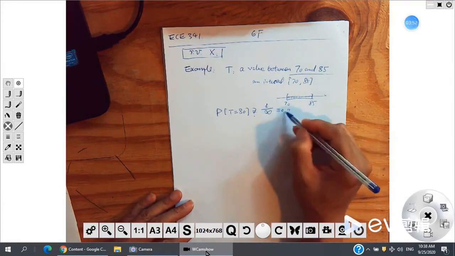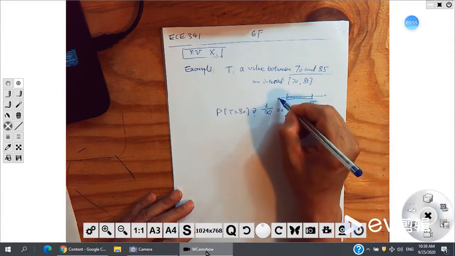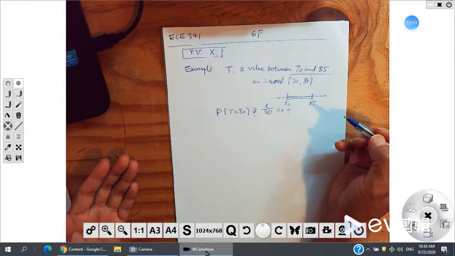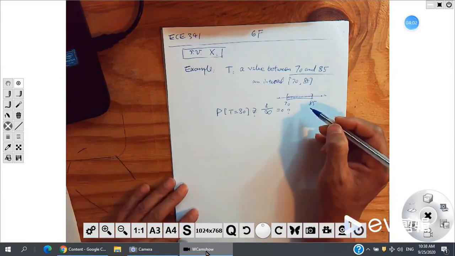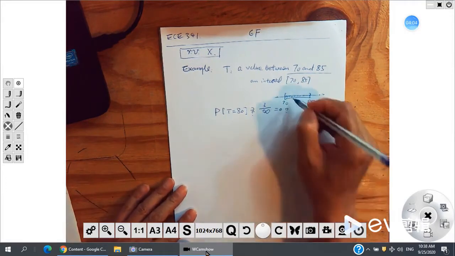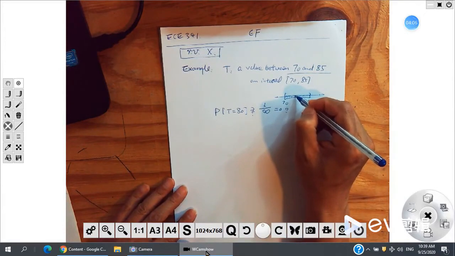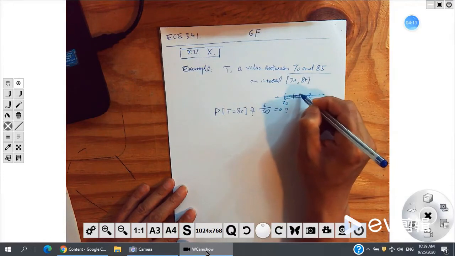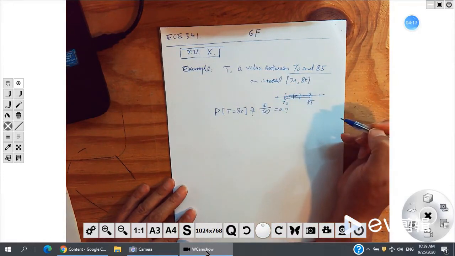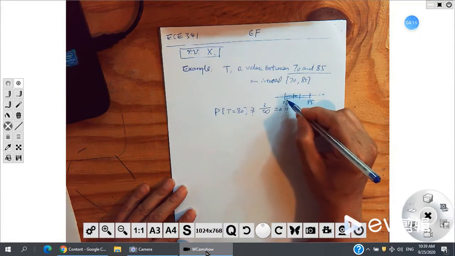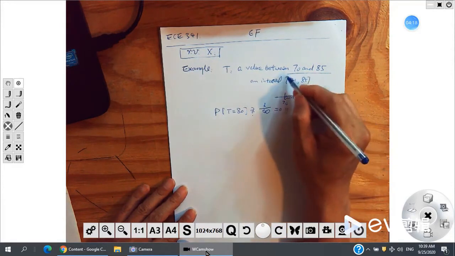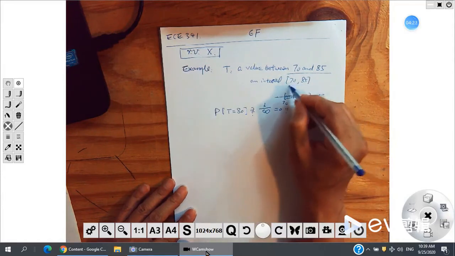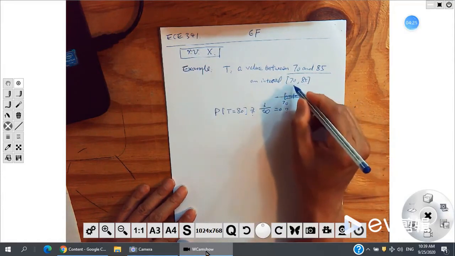And for values outside this interval, the probability is still 0. So you cannot consider the probability of a single value, but you can consider the probability of an interval. You consider a small interval inside this sample space, and then you can have the probability of that interval.